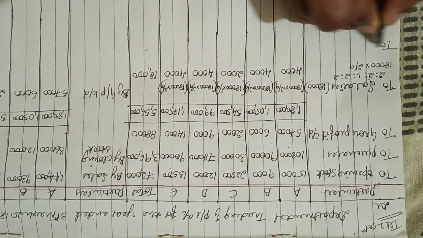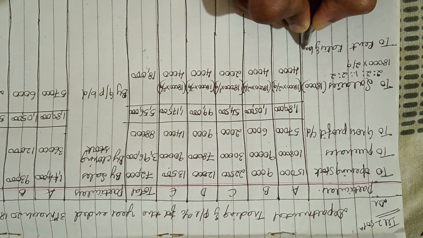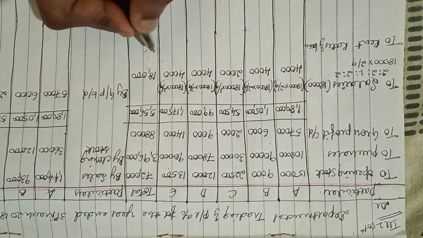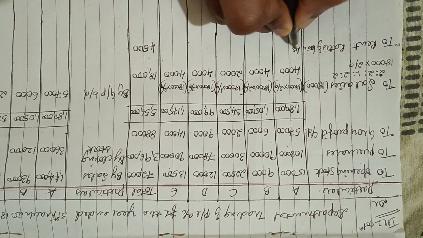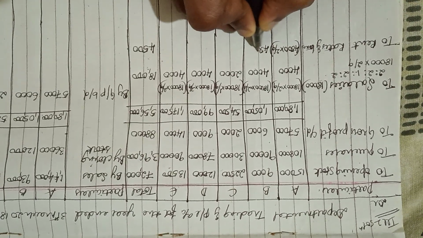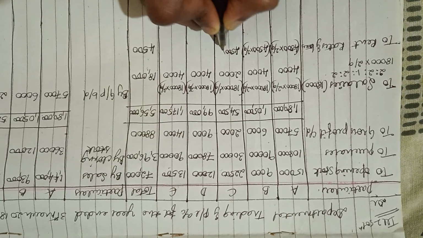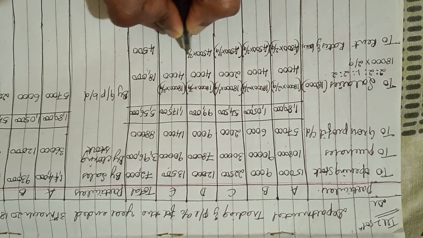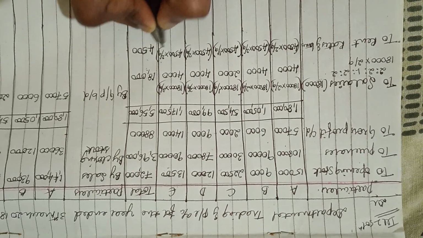rent, rates and taxes. How much is the rent, rates and taxes? That is 4,500. Now what will you do here? 4,500 into 2 by 9, again 4,500 into 2 by 9, 4,500 into 1 by 9, 4,500 into 2 by 9 and 4,500 into 2 by 9.